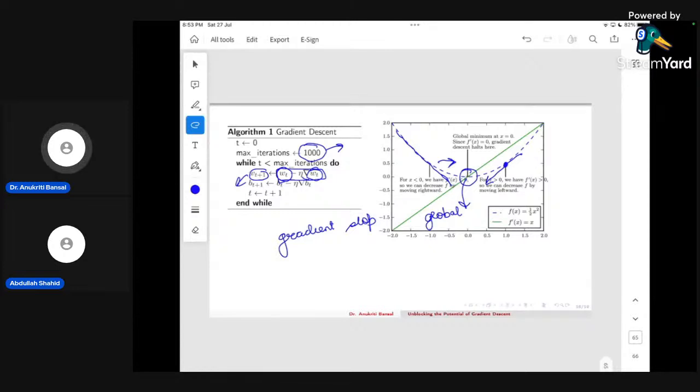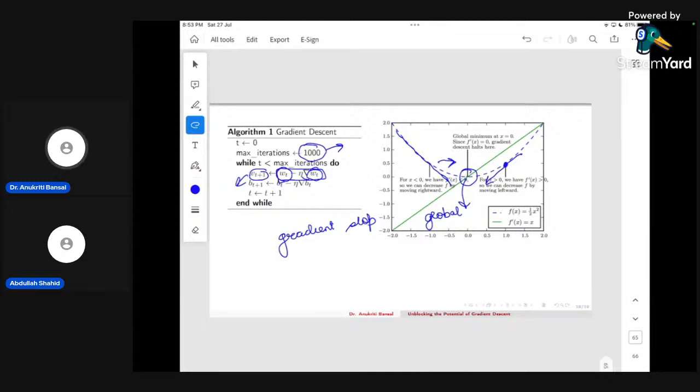So this is the intuition behind gradient descent, and the need for gradient descent. Why do we need gradient descent? Because we need to update our parameters. We need to know the parameters which give us a better approximation of the original values, so that our error can be less. That is the major intuition behind gradient descent.